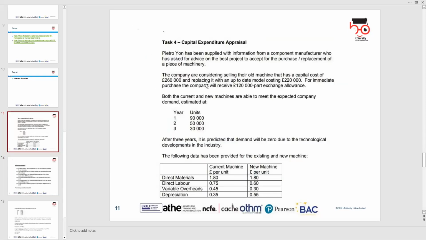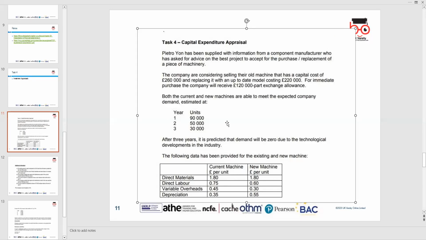If you look at task 4, it says capital expenditure appraisal. It gives you an appraisal figure, the payback method for example, and it gives you some returns on machine A and machine B. It compares both of these investments, right?